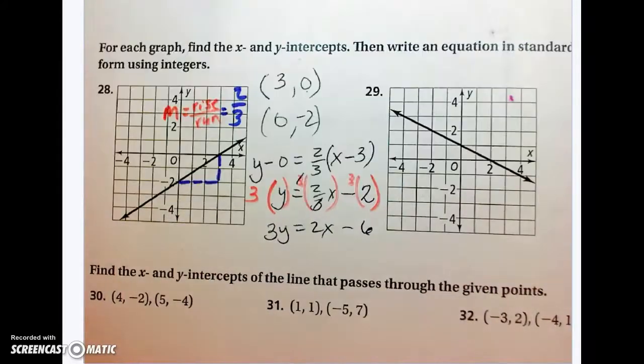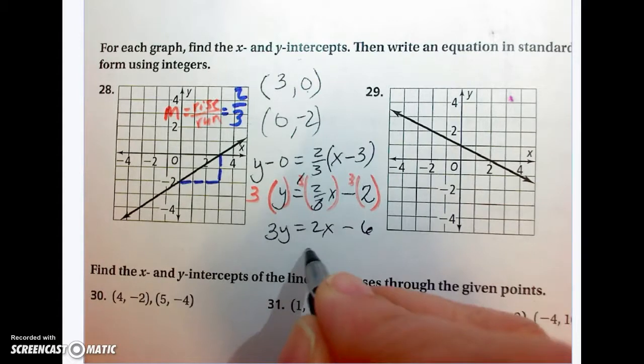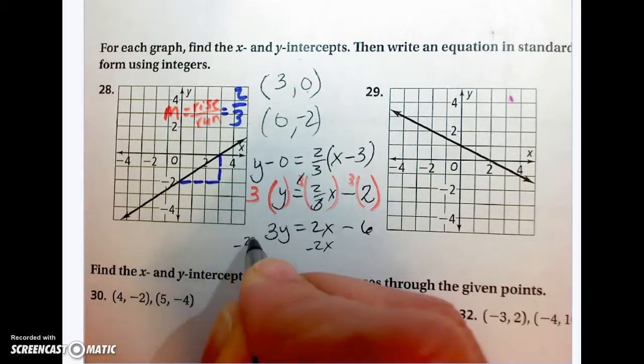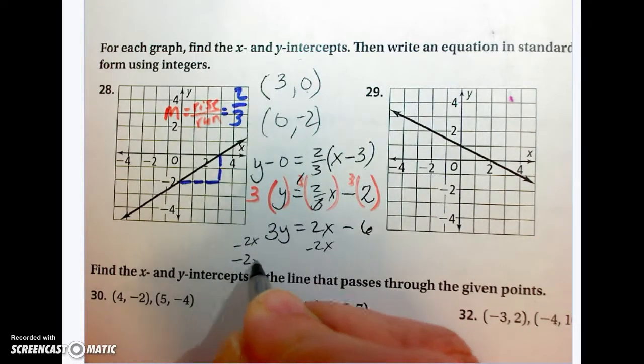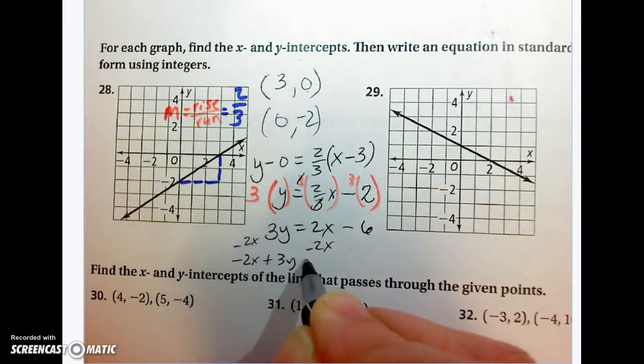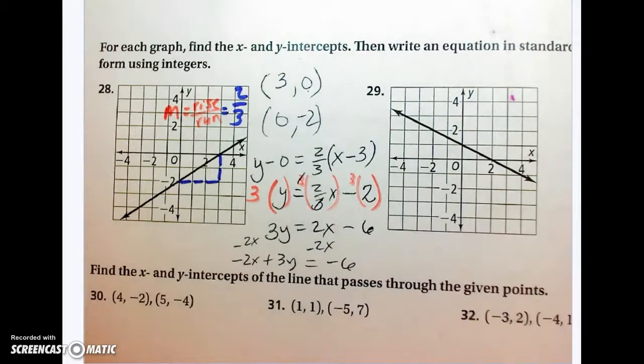So now I want to move my x to the side y is on, because I need to have it in standard form. So I'm going to subtract 2x from both sides. So I have negative 2x plus 3y equals negative 6. There's my standard form, and they're all in integers.